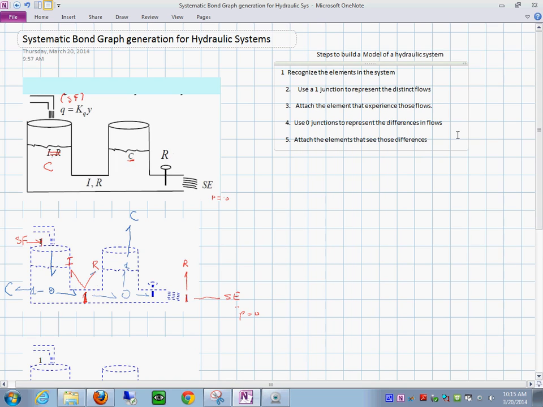See here. So that's what we just did. This is the difference. This minus this is this one. And we attach the one that sees the difference. This minus this is this. Okay, there you go.